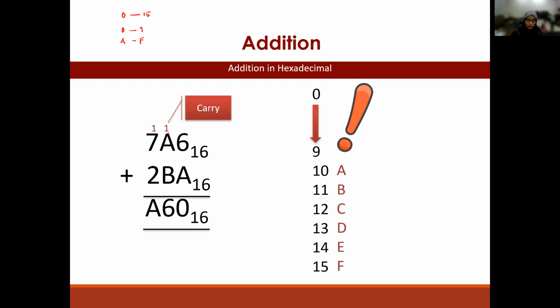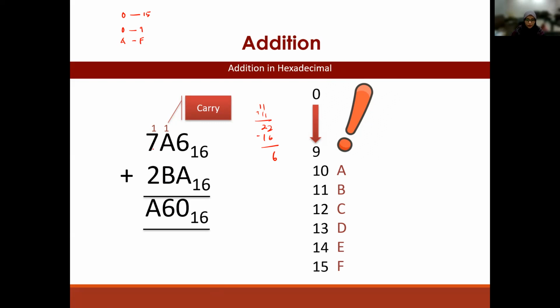Then 1 plus A equal to 1 plus 10 equal to 11. 11 plus B, B is still equal to 11, so 11 plus 11 equal to 22. 22 minus 16 equal to 6. So 6 here, carry 1.